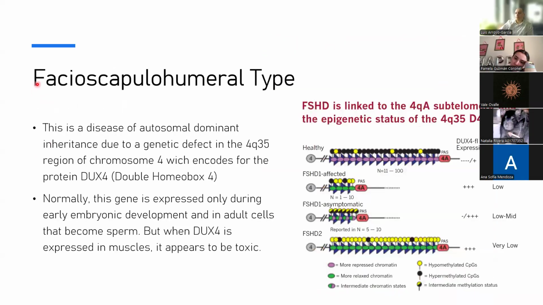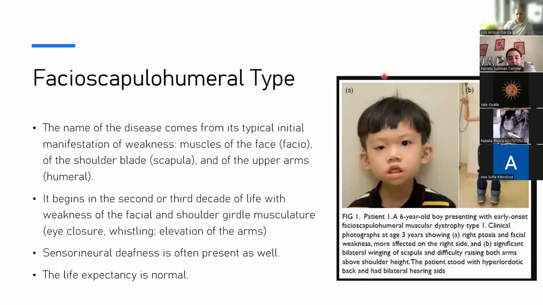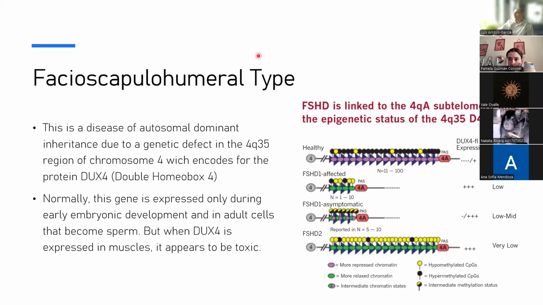Then we have the facioscapulohumeral type. Here, again, autosomal dominant, this part of chromosome 4, this is not actually important for you to remember.